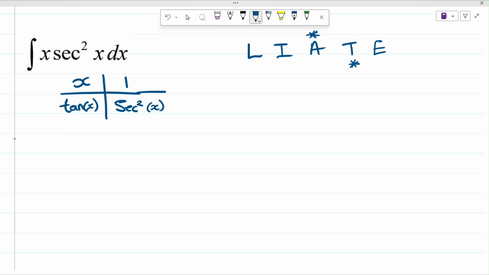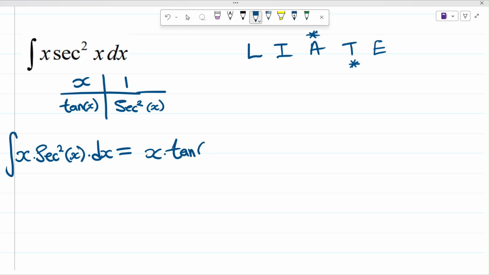And then from there, we apply our integration by parts. We copy the same thing. So the integral of x multiplied by sec squared of x dx is going to be equivalent to x multiplied by tan of x minus the integral of what?